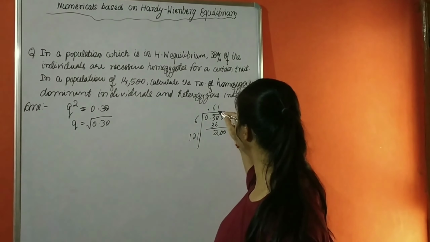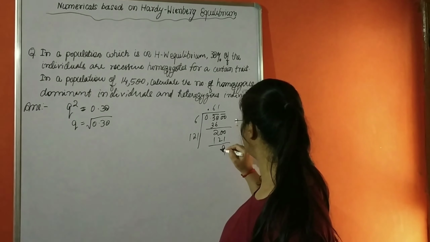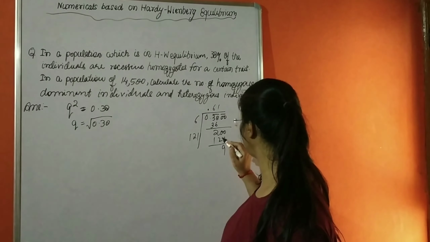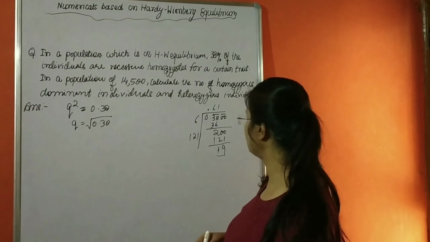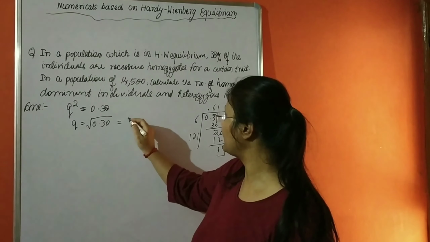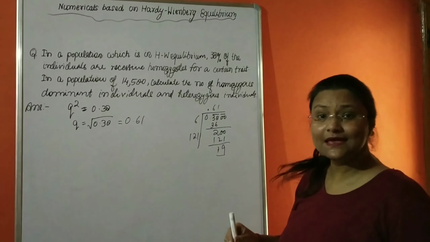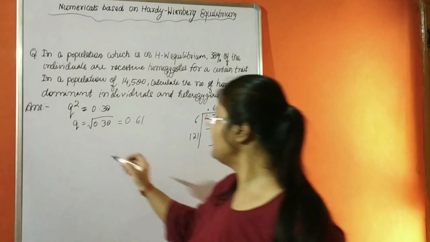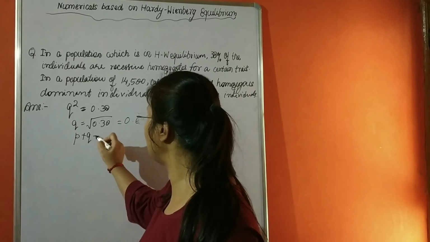So q will be 0.61. Now since we have the value of q, we can find out the value of p also, because we know p plus q is 1.